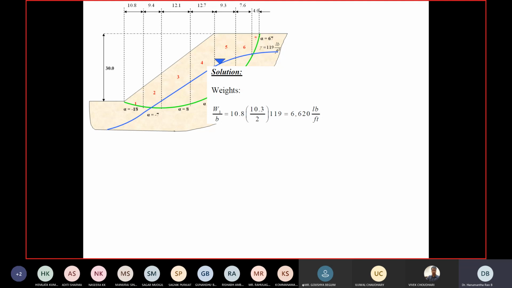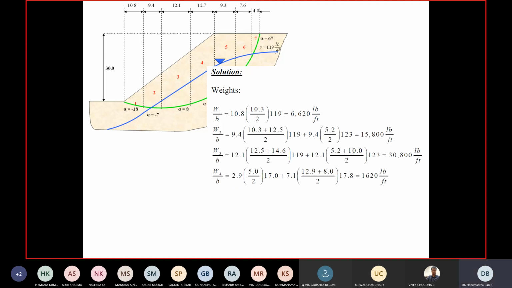So this 10.3 is what they have measured and given. So W1 by B multiplied by gamma. Then similarly W2, W3, W4.